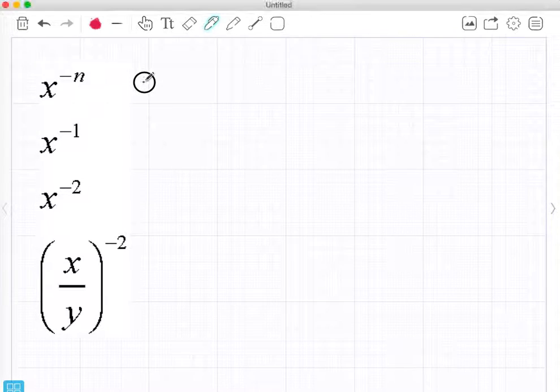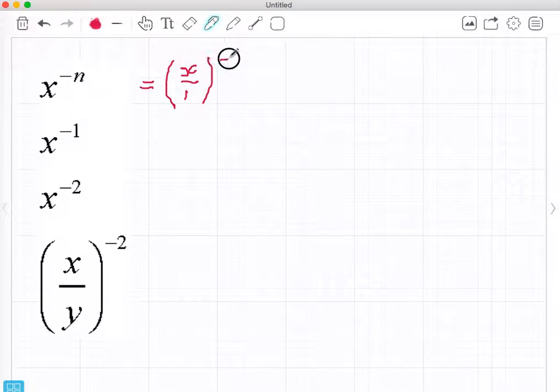So I want you to think about this actually being x over 1. And all of that is to the power of negative n. Now I'm going to just take away the negative from the power, and the negative flips the fraction like this. But we still have the n, but no longer the negative. Okay, so it's just flip the fraction, and we still have to do the power.